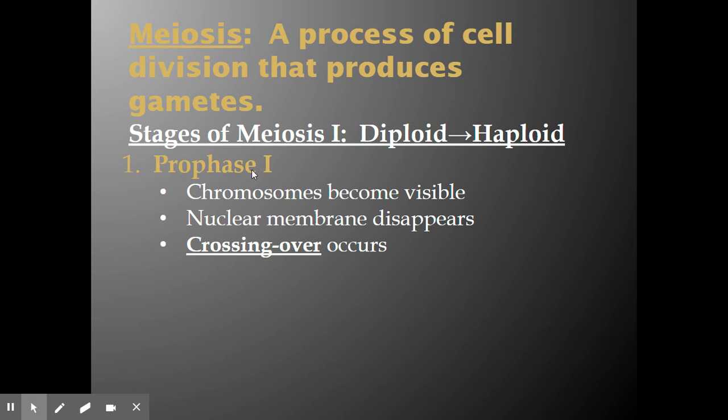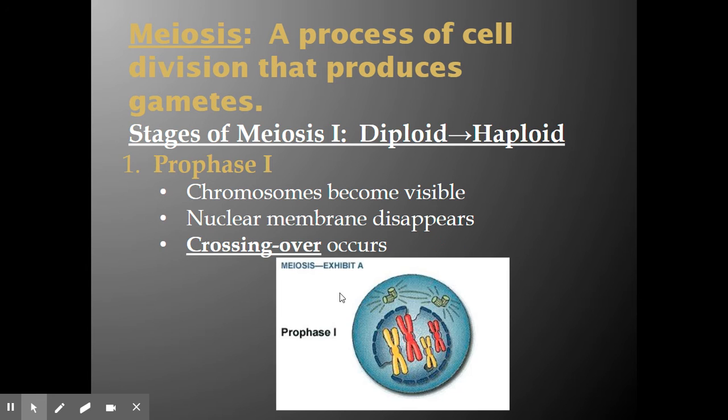So we have prophase 1. This is where our chromosomes become visible, just like normal. In normal mitosis, our nuclear membrane disappears, but we have something new happening called crossing over occurring during prophase 1. Okay, and I'll talk about that here in a second.